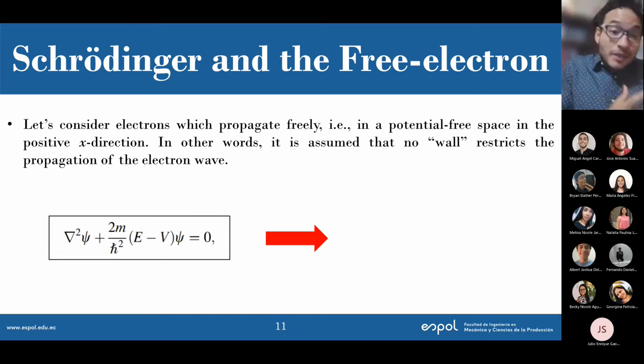Well, it just means that electrons propagate freely. That means in space there is no potential barrier. There is no potential well. There is no potential energy, basically. So that means electrons propagate freely, no barrier, they can move around entirely free.